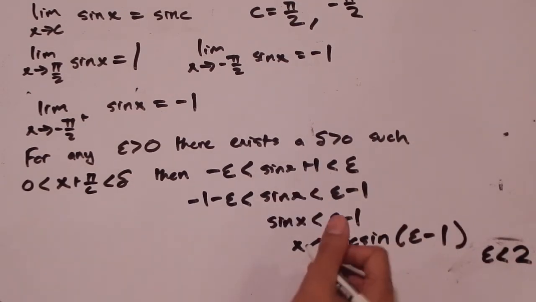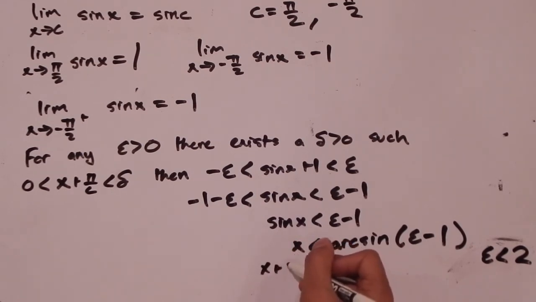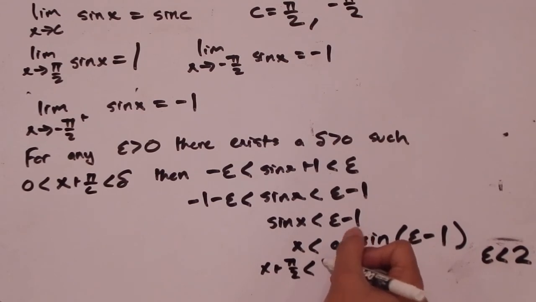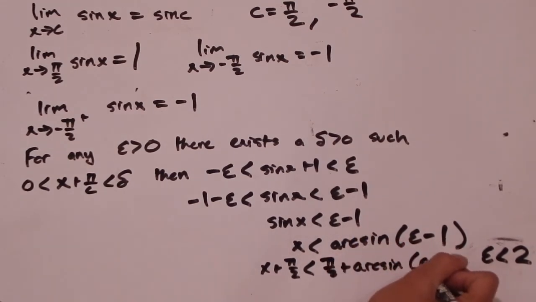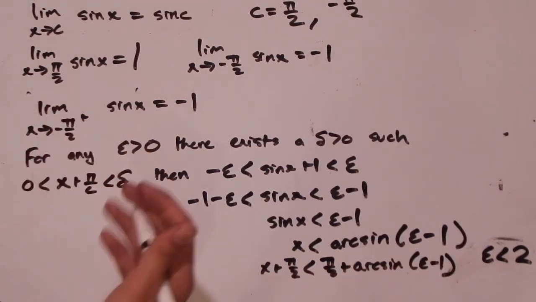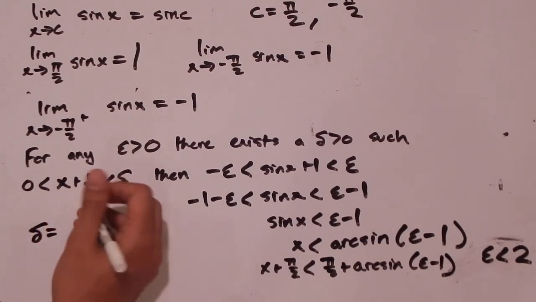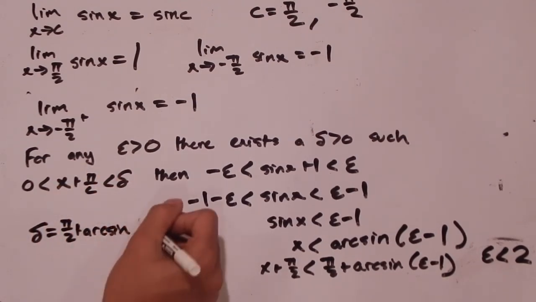So in that case, let's go ahead and add pi over 2 to both sides. So we get x plus pi over 2 is less than pi over 2 plus arc sine of epsilon minus 1. And again, we can see when our proof is going to work out. It's going to work out when delta is equal to pi over 2 plus arc sine of epsilon minus 1.